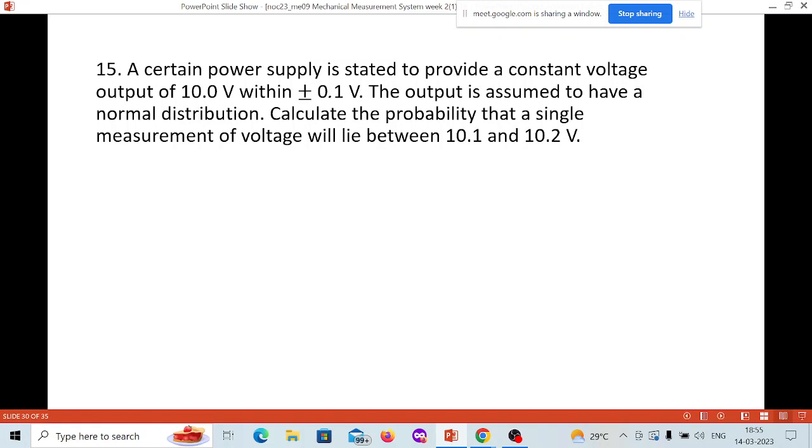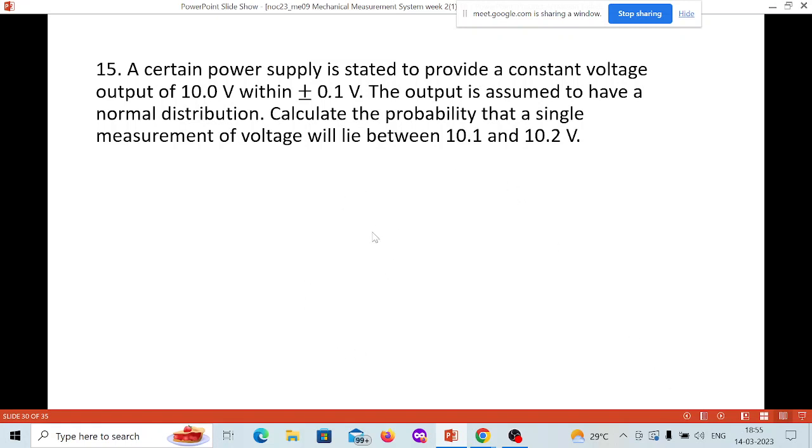So we have a power supply which gives a constant voltage of 10 volts with an uncertainty of 0.1 volts, and we are assuming a normal distribution of the output. So we have to calculate the probability that a single measurement of voltage will lie between 10.1 and 10.2 volts.